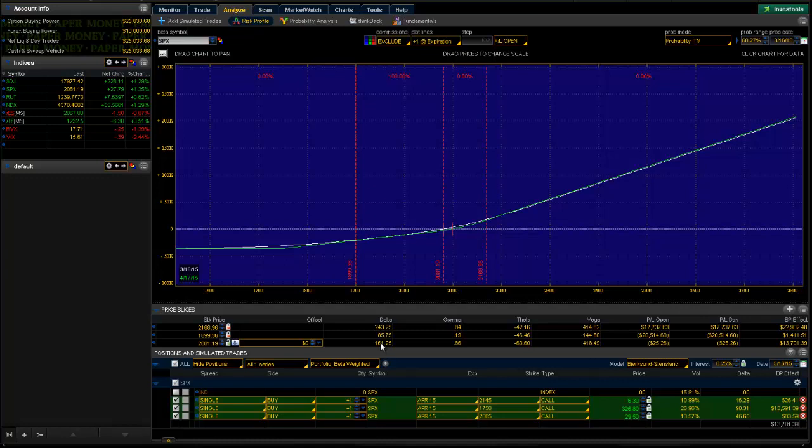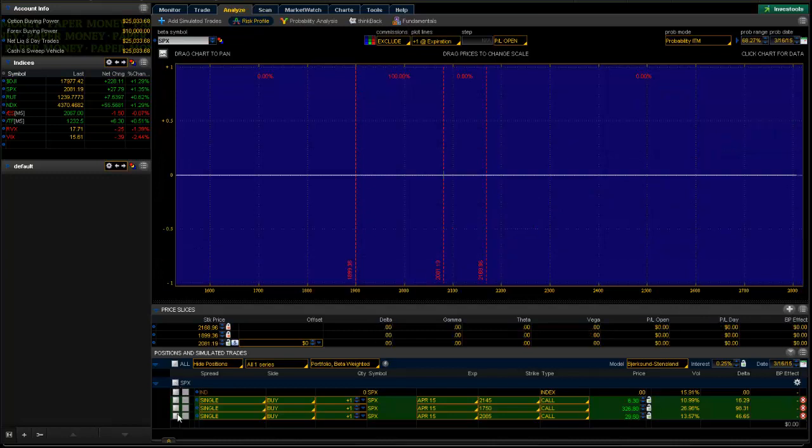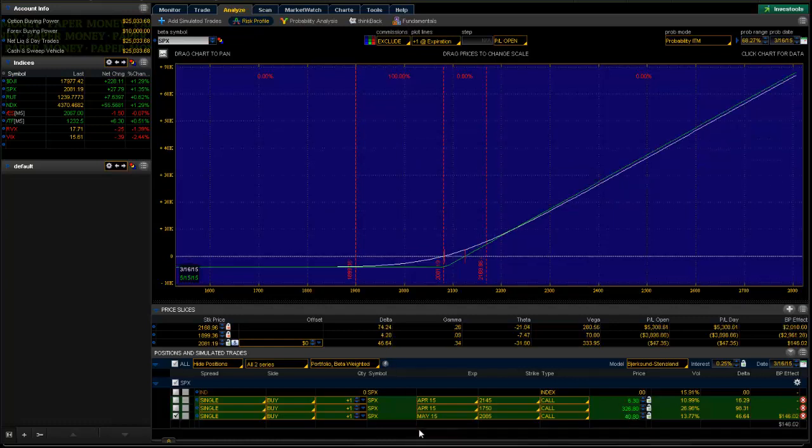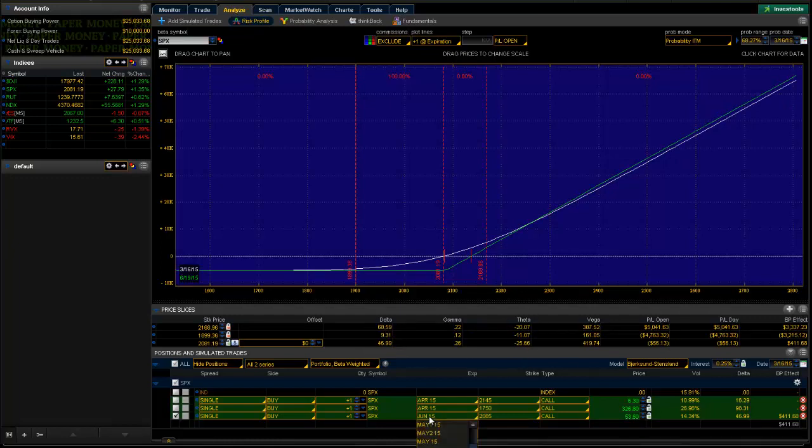If you have a directional opinion, then delta is what you are absolutely going to look at. And just know that as the options get closer and closer to expiration, I'm just going to show you a right at the money call option for April. See what my delta is. Well, let me change this to May. Let me change that to June. You'll notice delta does not change much. What changes are all these other factors.